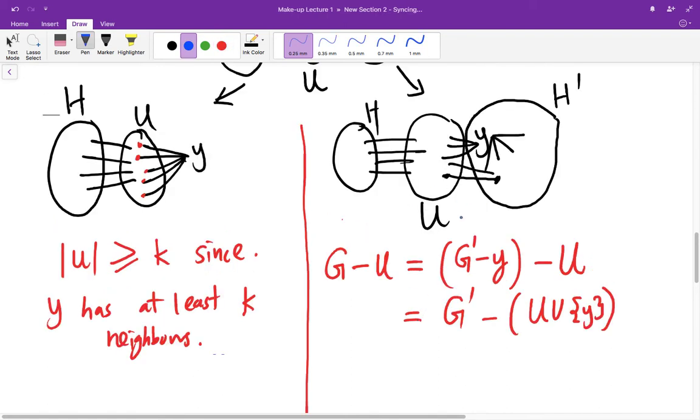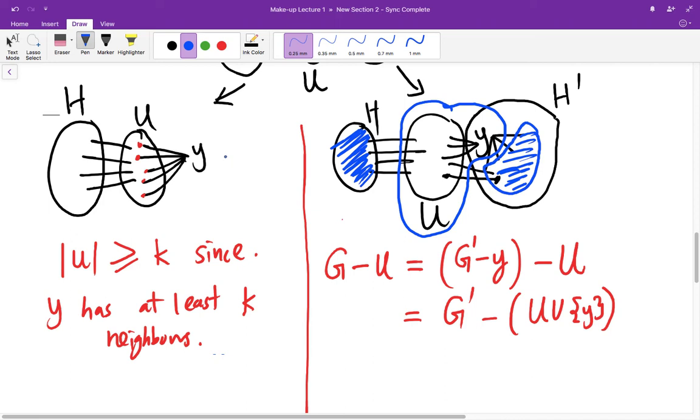Let us now visualize the graph G prime having U and Y deleted. If we delete U together with Y, then the graph is going to fall into at least two components. One of which is H over here, and then another component containing some of these neighbors of Y in the component H prime. So this is where it differs from the previous case.